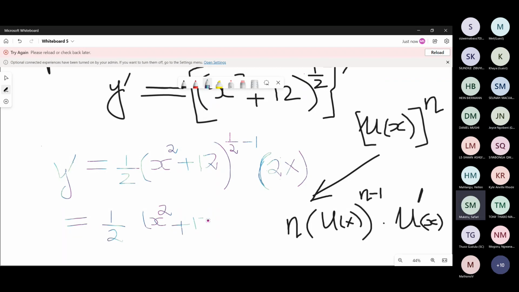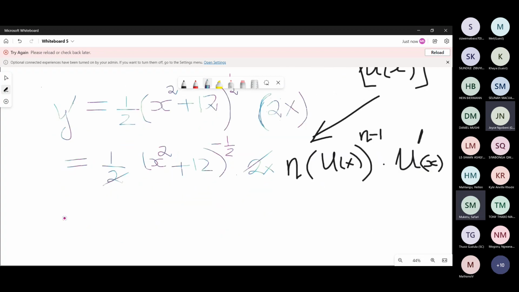Power minus half, right? Multiply by 2x. One can simplify there, and we are done here. This is exactly x.